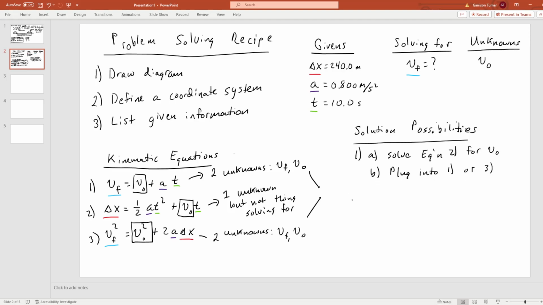Okay? Or a second solution, okay? Or you can combine equations 1 and 3 and eliminate V naught. And that's what I'm going to do, okay?